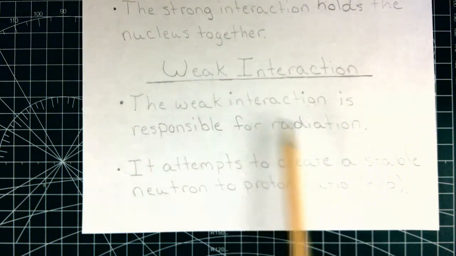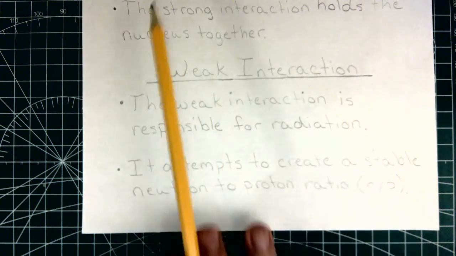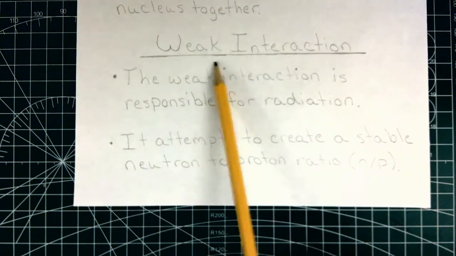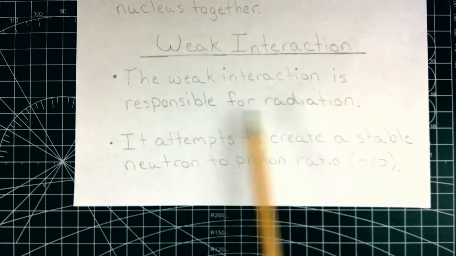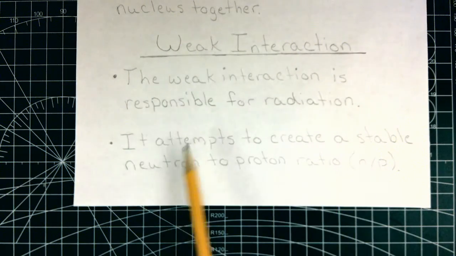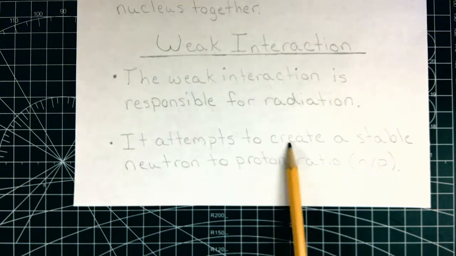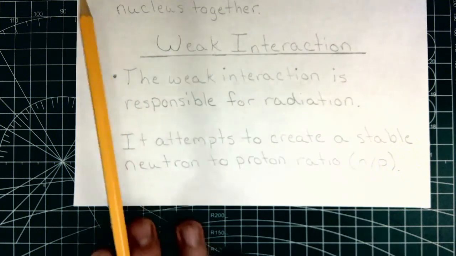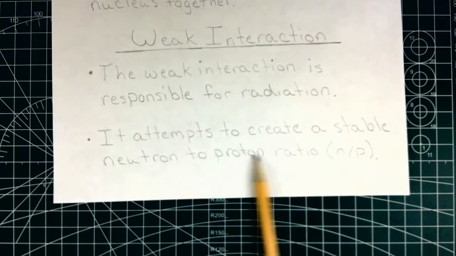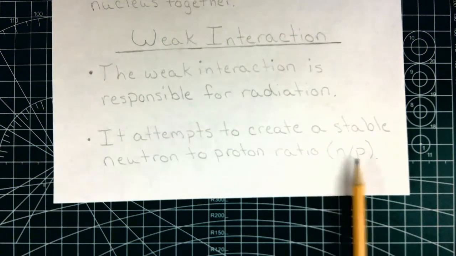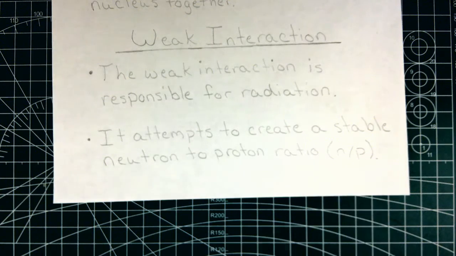The second interaction that I want to talk about is the weak interaction. And the weak interaction is responsible for radiation. What it's attempting to do is create a stable neutron to proton ratio, an N to P ratio that is stable.